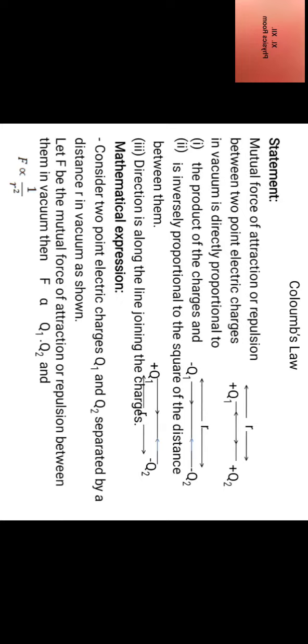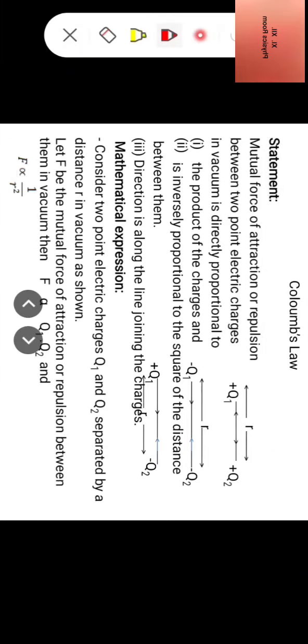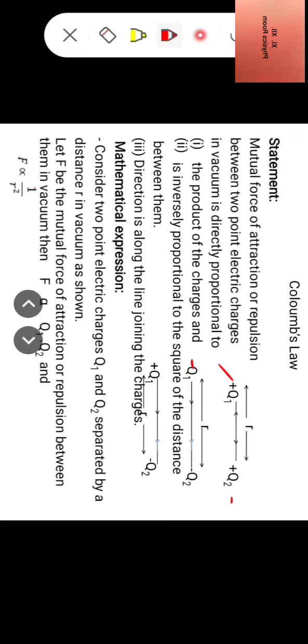Here you can see two charges Q1 and Q2 which are both positive. Here both are negative charges. The force will be repulsive in both cases. Now here plus Q1 is positive and minus Q2 is negative, so the force will be attractive.